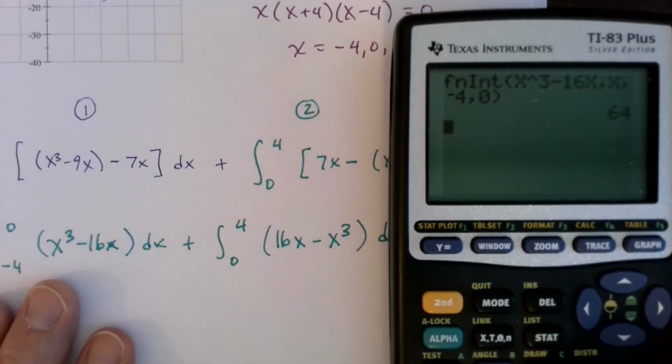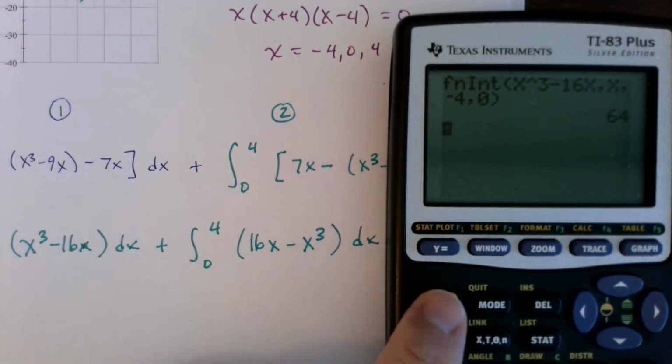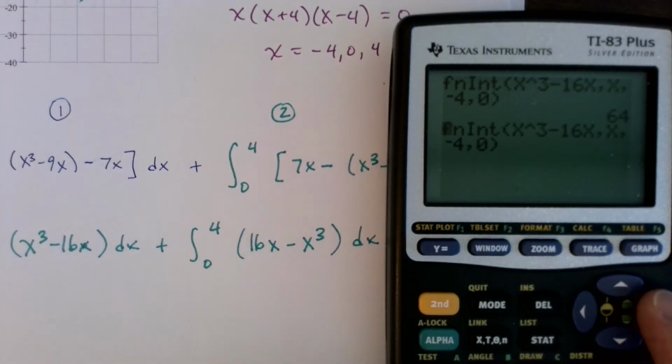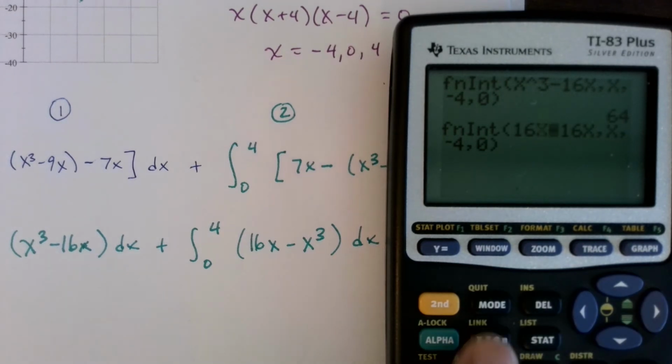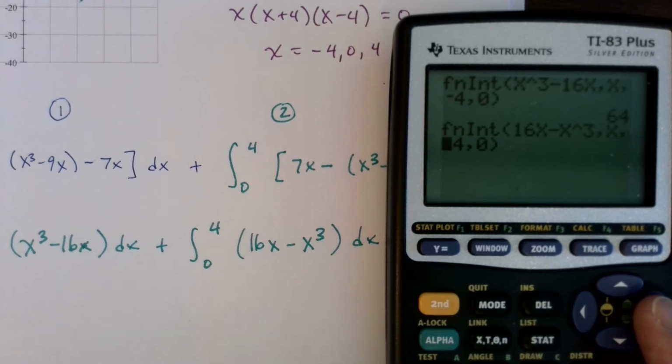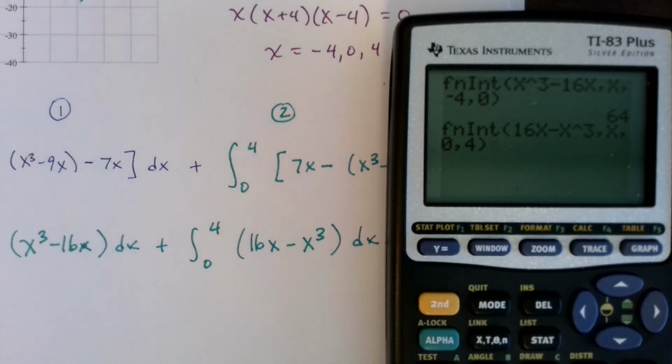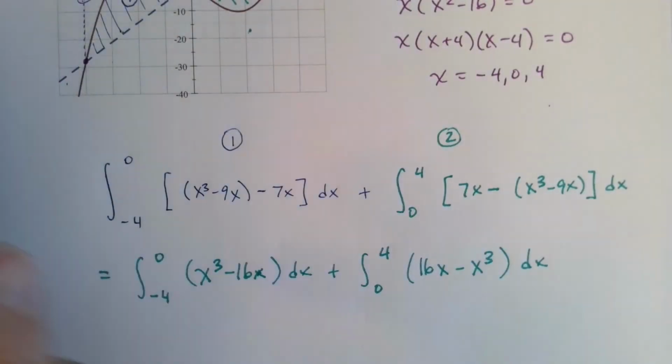And if I do the other one, just edit this one, notice it's going to be 16x minus x cubed, x, and we're going to go from 0 to 4. And hey, that's also 64. I wonder why that's the case.